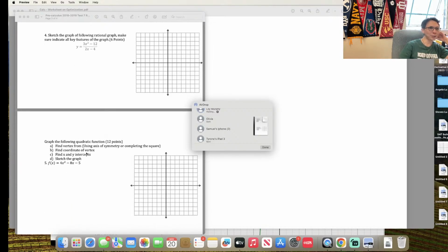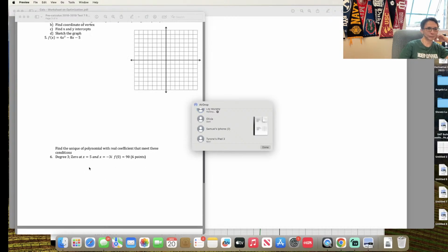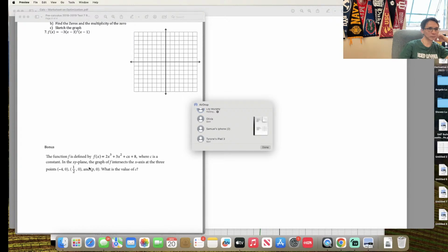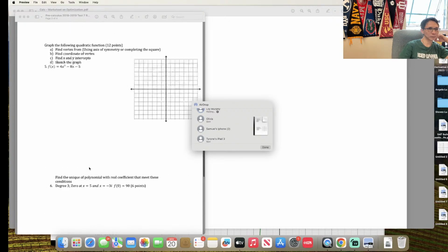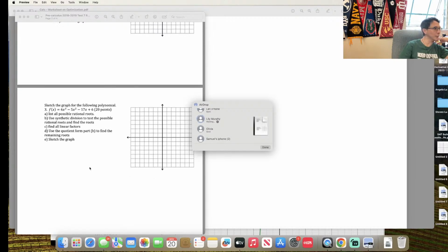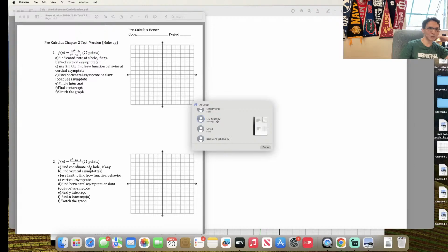The harder one is actually quadratic. You have to know to use negative b over 2a. Okay, I forgot about that. So if I were you, get a head start. If you understand everything, including yesterday's homework, it should be fine. That's easy, 27 points.